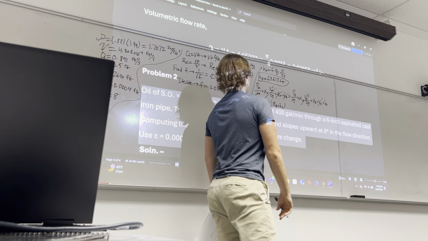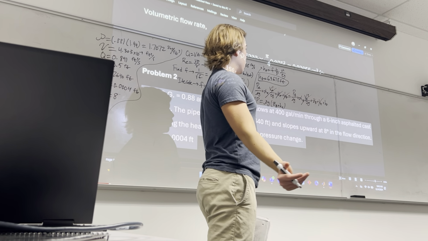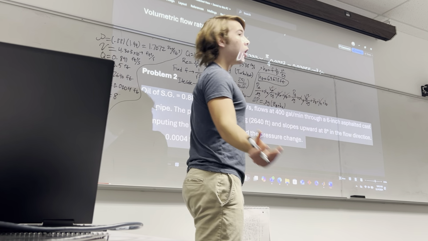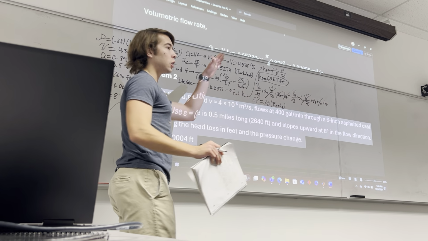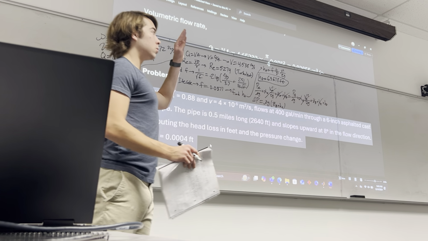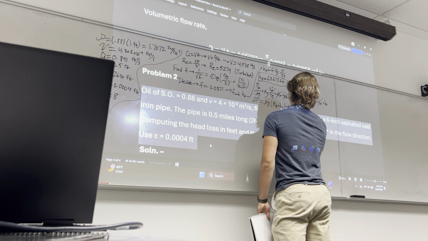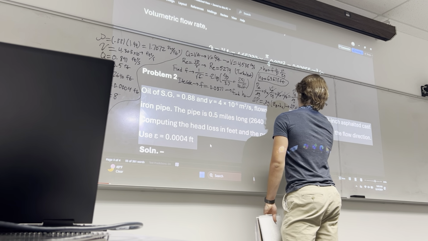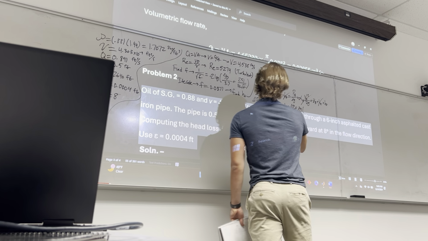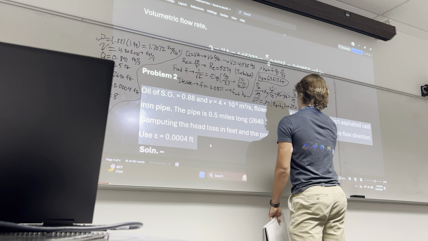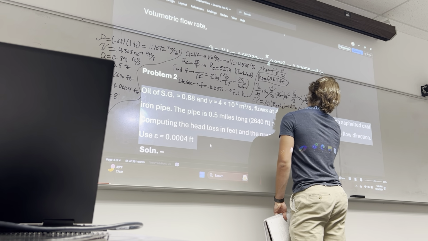All right, so we know HF, we know rho, and we know G, but what's the change in elevation? Well, we know how long the pipe is, and we know the inclination angle. So delta P equals rho G times this elevation change, the length of the pipe times sine theta, right?